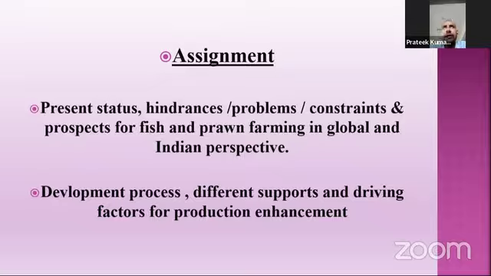India is continuously leading in the aquaculture field, and to maintain GDP, the role of agriculture is very important, and aquaculture also balances GDP growth in the field of agriculture in India. Secondly, we discuss the development process, different support and driving factors for production and enhancement.